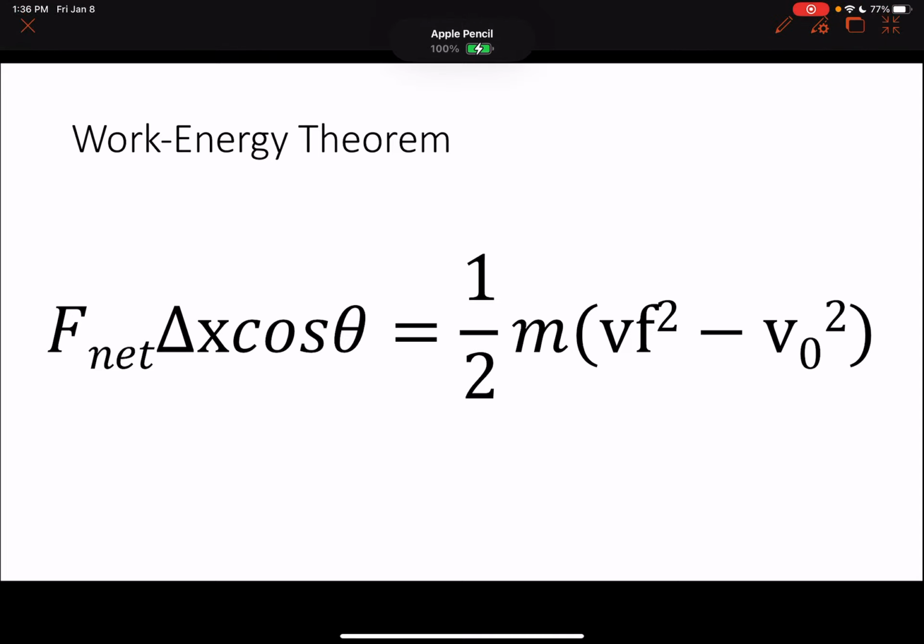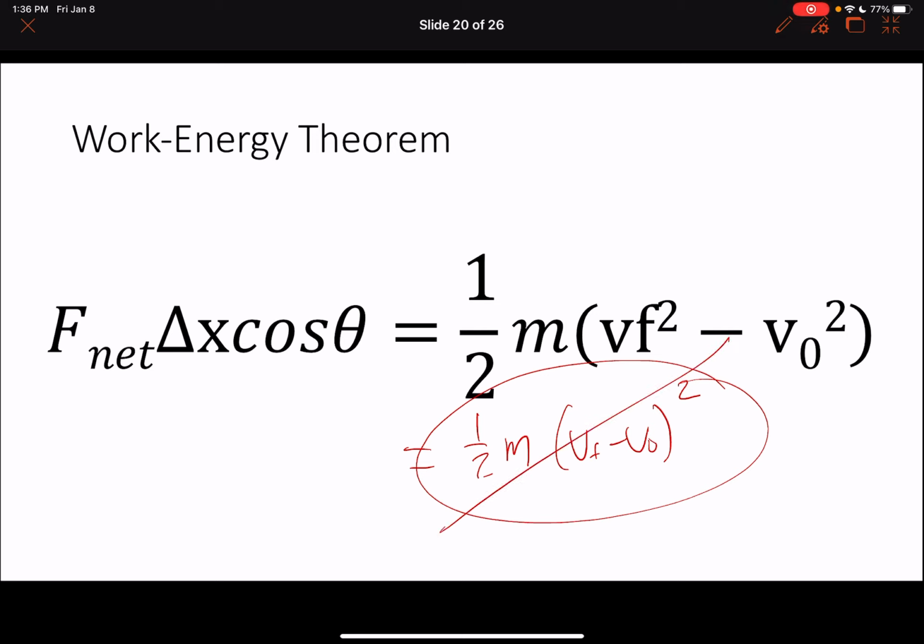I will get many people that do 1/2 mass times (velocity final minus velocity initial) squared. But that is not correct. This is bad. Okay. You need to be doing 1/2 m times v final squared minus v initial squared.